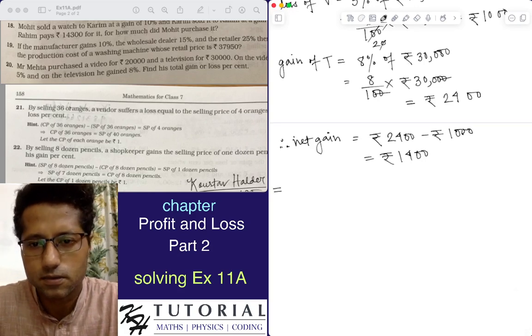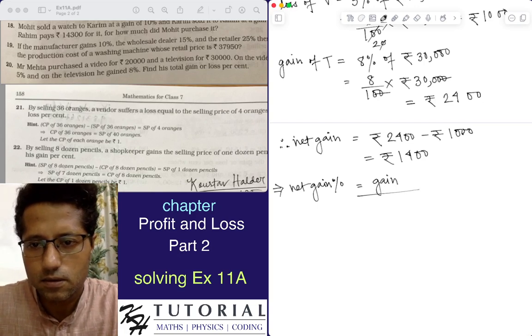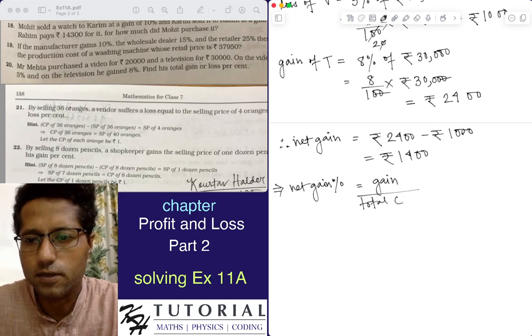Therefore the net gain percentage is equal to gain divided by the total cost price of the video and the television, multiplied by 100.